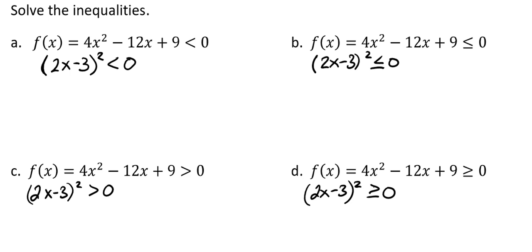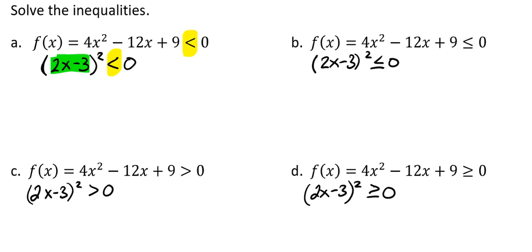Our first one, letter A, is talking about when we have less than 0. Now the square of any real number is non-negative. What that means is it doesn't matter what's in here. If a positive comes out, I'm going to be greater than 0.